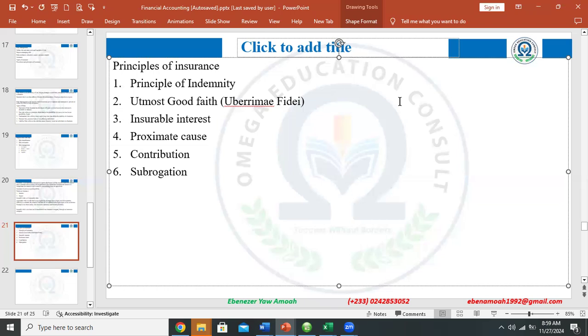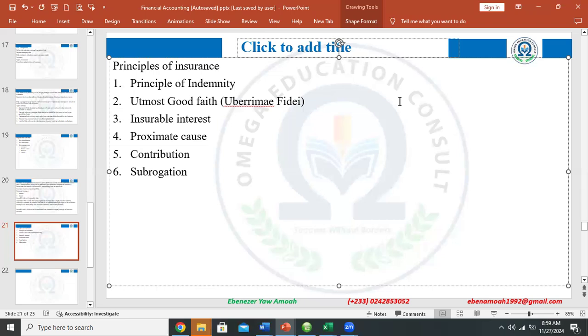So the proximate cause should be fire and not flood. Now, I think I gave a case study where the person insured against fire, but what led to the fire was wind. And so the insurance company was not liable to pay because the direct cause of the destruction of the car was the wind.